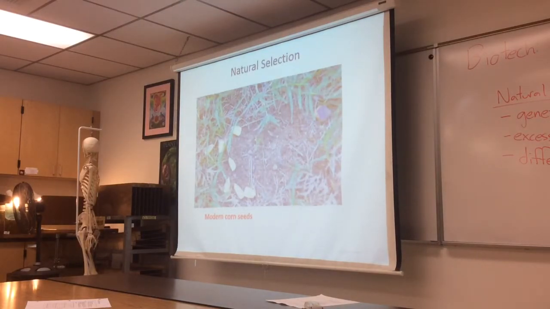On the left-hand side of the picture here, I've got modern corn seeds. They're real big, they're bright yellow. If I was a bird or a squirrel or something, that'd be pretty easy to find and eat. But on the right-hand side, these little dark things that look like pebbles, those are actually teosinte seeds. They're really hard to see, and they have this kind of stony, hard exterior that makes them difficult to eat.